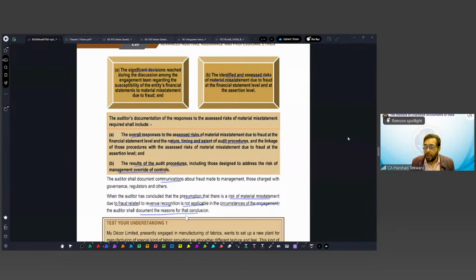When you are not able to get sufficient and appropriate audit evidence to conclude, at that point in time, you consider to withdraw. It's not that if we are unable to respond, we will withdraw; we have to draft the responses and the audit procedures. But at the end, if we identify fraud or if we are in a scenario where we don't have sufficient and appropriate audit evidence, at that point in time, we may decide not to continue with the engagement.